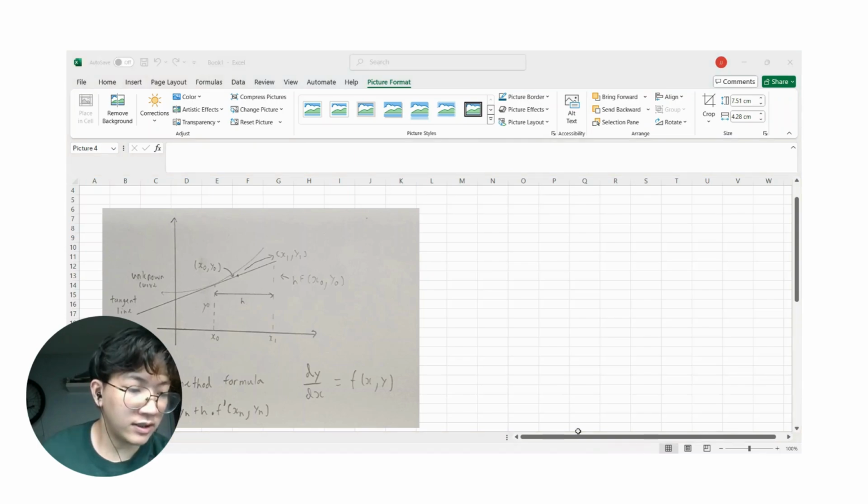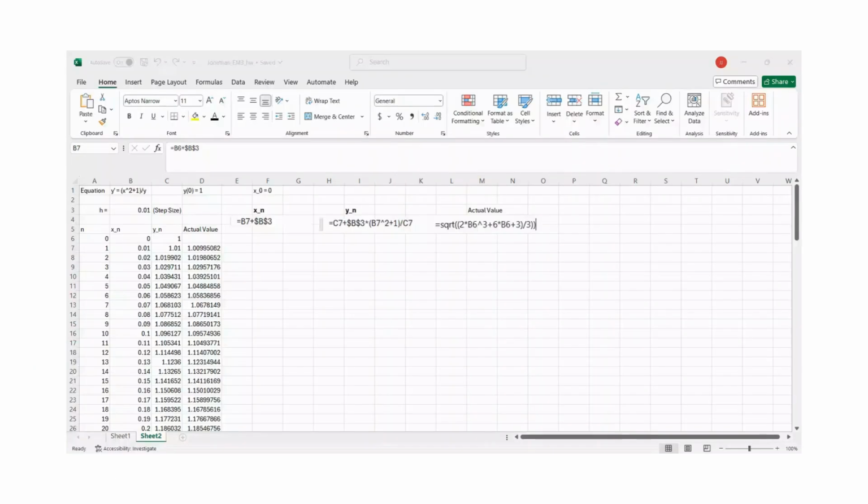I've used Microsoft Excel to implement Euler's method with a step size of 0.01. To find xn, we use this formula, where B7 is the previous x value and this is the fixed step size. For y, C7 is the previous y value and B7 is the current x value.